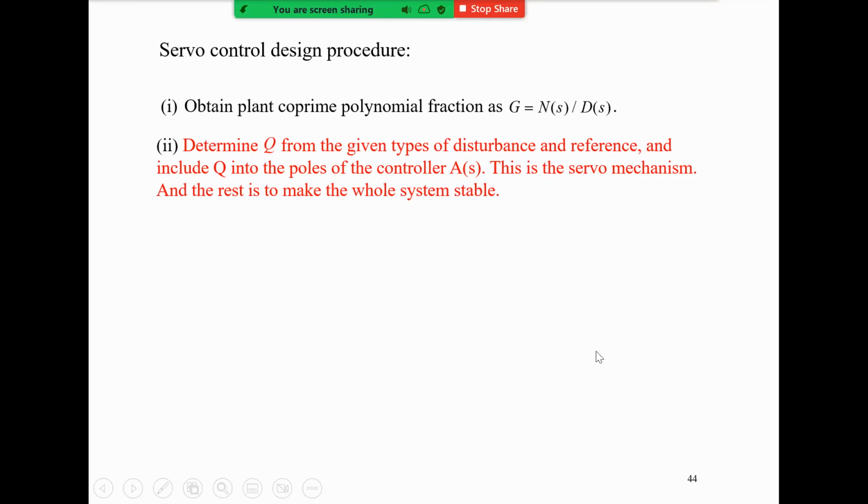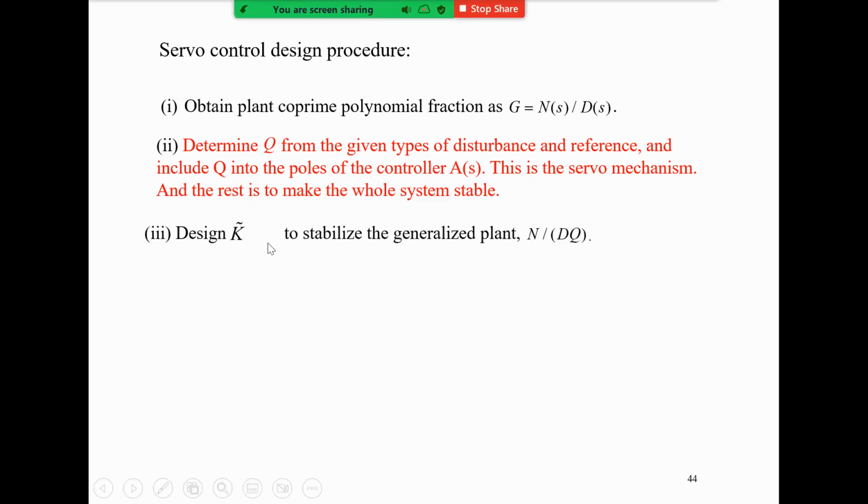This is the servo mechanism. You put this Q as a part of the controller, and then the rest is just a pole placement problem. You want to make the whole system stable. And with that, you can solve the servo control problem.